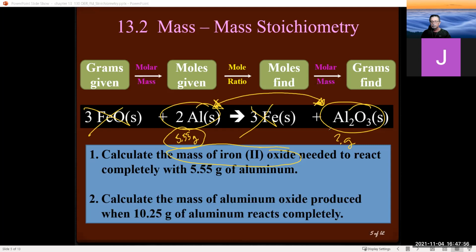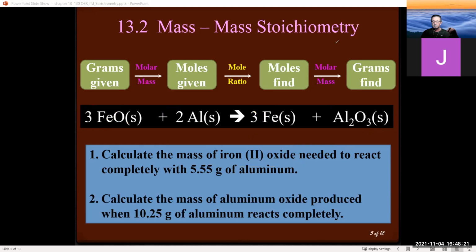So we identified who's reacting with who. What do we do next? We first write down what we're given and write down where we got to go, what we're looking for. That shows you what direction you need to set your stuff up for.